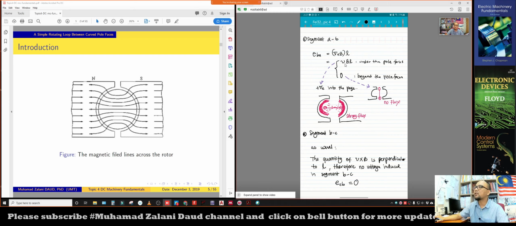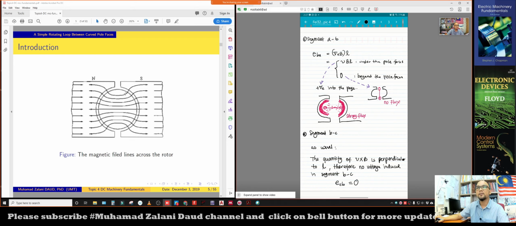So the VBL induced voltage is the voltage under the pole faces, as you can see in the left figure here. So VBL is the voltage across the south pole faces.